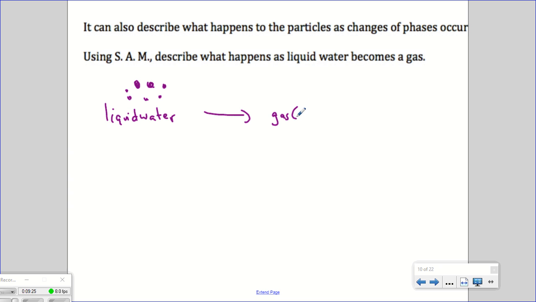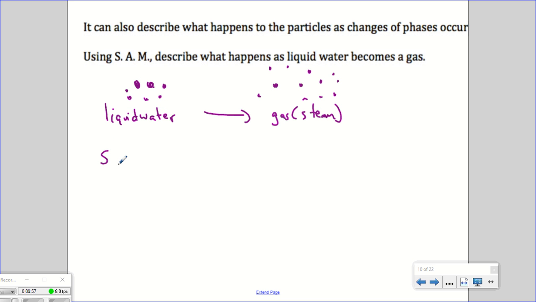And in this case, when liquid water becomes a gas, this is where it becomes steam or mist or a vapor, things like that. So here, the particles now are going to be kind of further apart here. So we'll use the SAM to describe what is happening to these particles as liquid water goes to a gas.